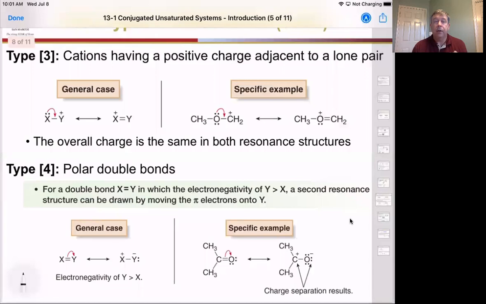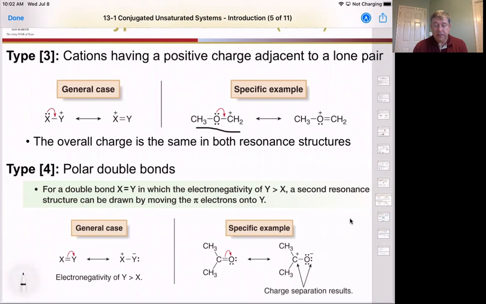The third type of resonance we have is what we see in things like charged species, where a positive charge can be stabilized by an adjacent lone pair. So we can have the lone pair come in, form a temporary double bond, and move the positive charge over to another species.